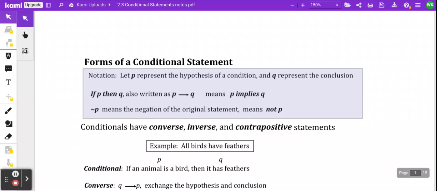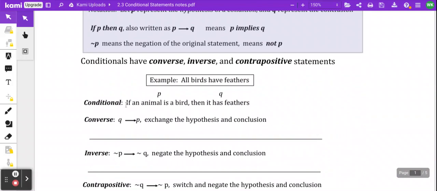We will form them, and then we'll also decide whether they're true or false. Sometimes if they are false, we would like to provide a counterexample, which is one example that makes the statement false.